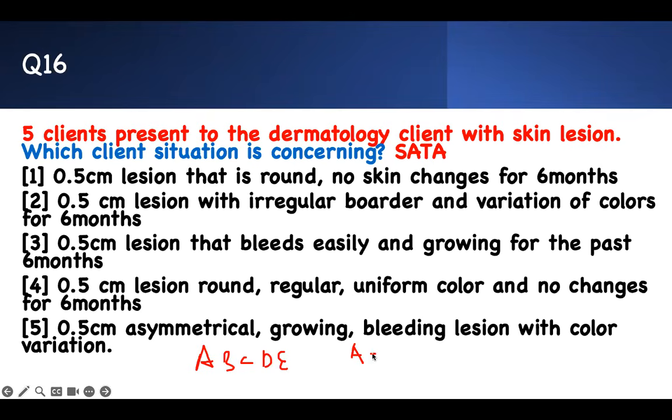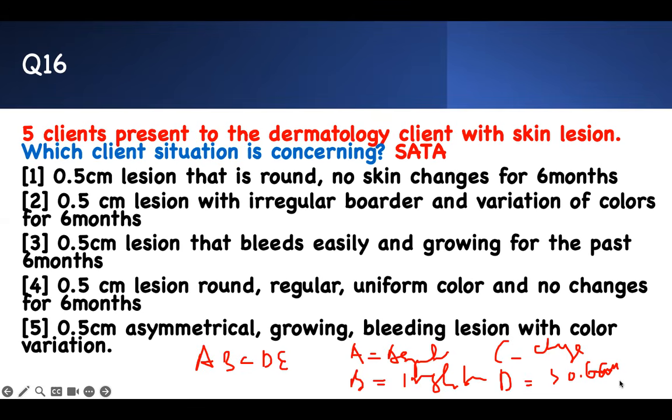A is asymmetrical, so it's not the same size. B is irregular border, so the border is different. C is color, it's changing. D is the diameter, greater than 0.6 centimeters, so it's 6 millimeters. And E is evolving.